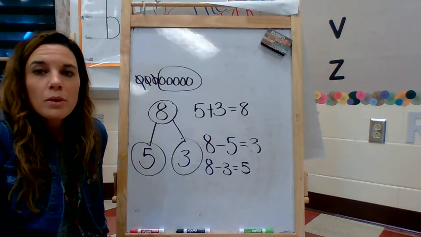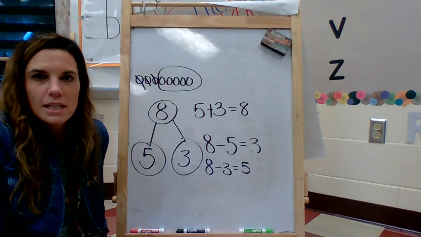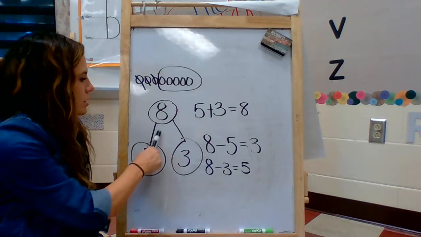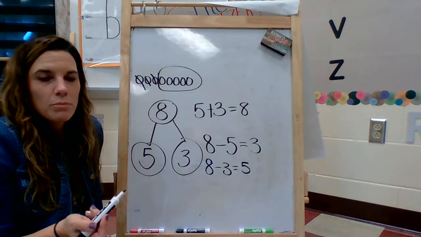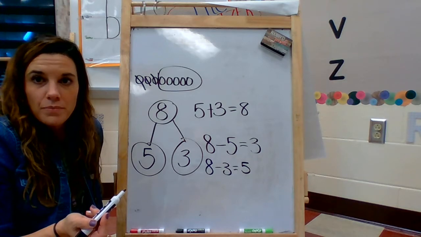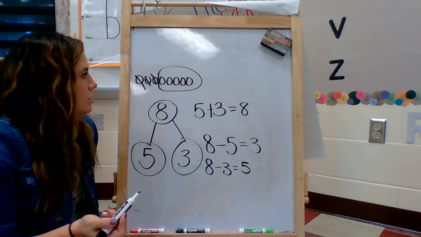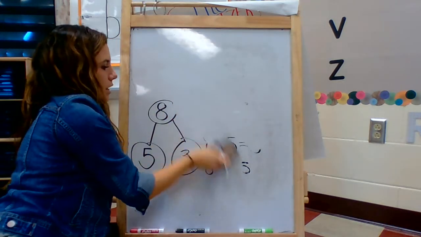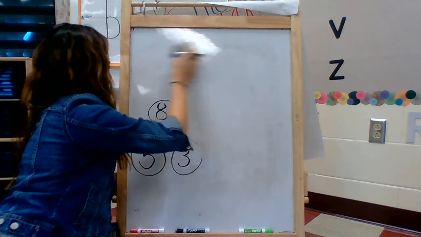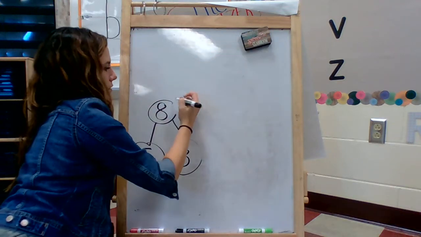So what I really want you to get out of this lesson is I want you to notice that we can use number bonds for addition, but we can also use number bonds for subtraction, okay?